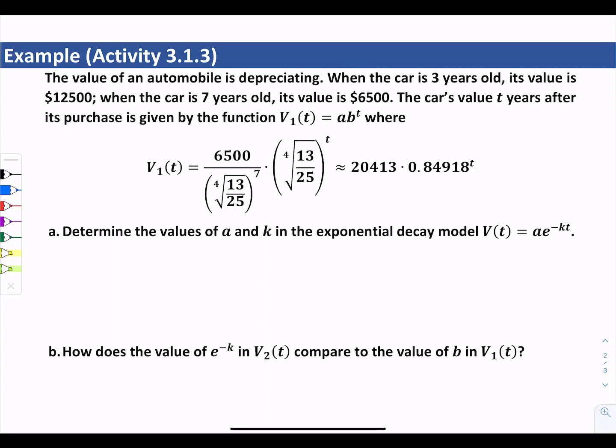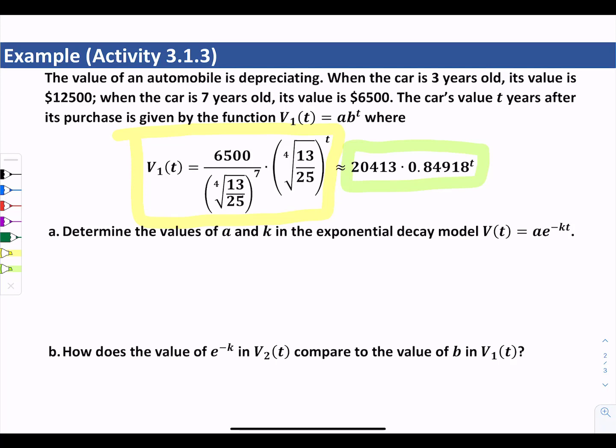The car's value, t years after its purchase, is given by the function v sub 1 of t equals ab to the t, where v sub 1 of t equals this exact function. And then we also could say v sub 1 of t is approximately 20,413 times 0.84918 raised to the t.